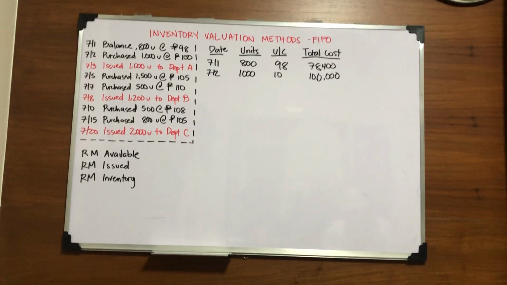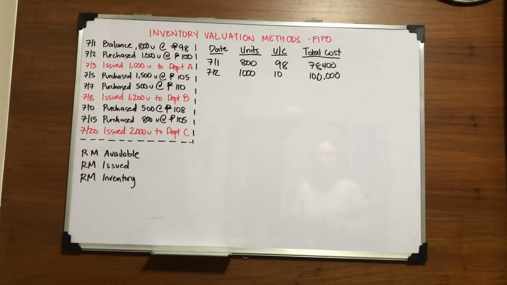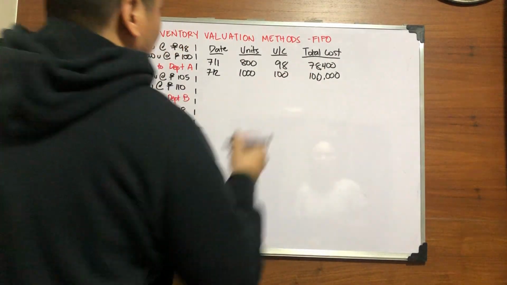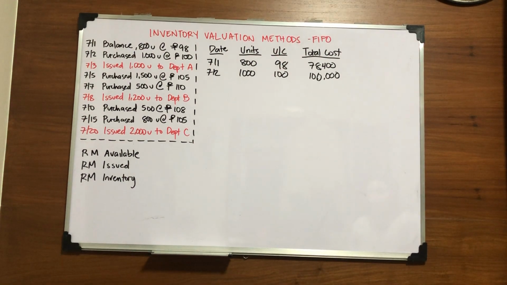So you might be wondering, sir, why is it that I have an issuance of 1,000 units? What unit cost will I use? Would I use 98 or 100 pesos? The answer here is split.